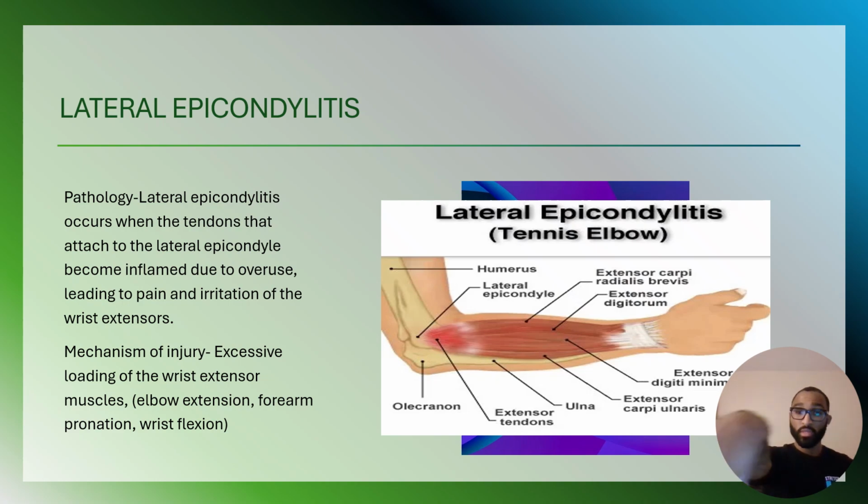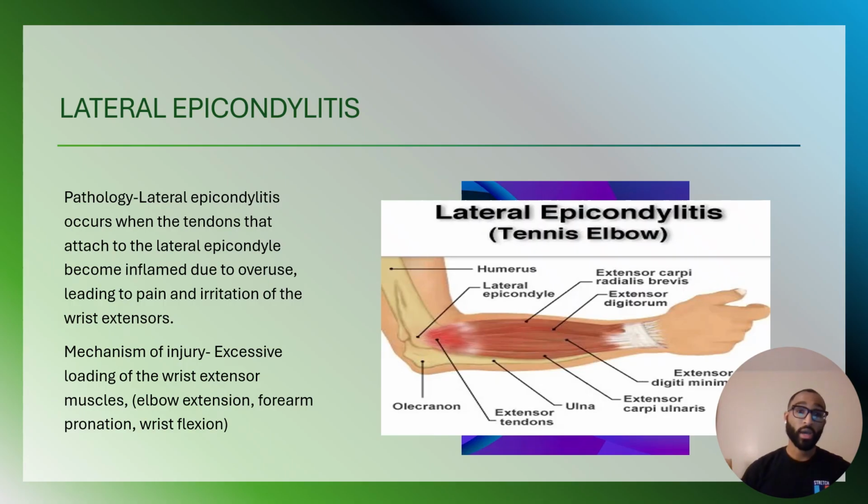So as you can see, there are a lot of activities that we go through throughout the day that require this motion of the elbow extension, forearm pronation, and wrist flexion. One really good example of this would be swinging a tennis racket.